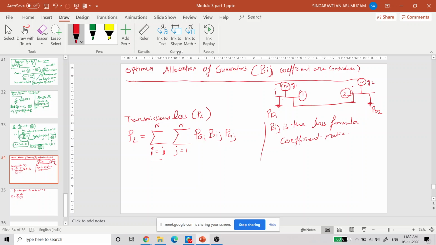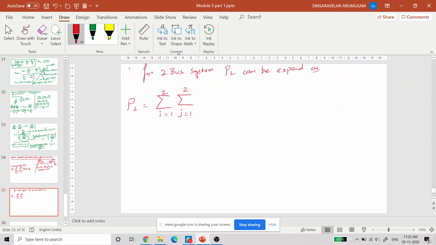So both sides will produce losses, and these two also will give losses both sides. I need to consider I from 1 to 2, J from 1 to 2, and also PGI, Bij, and PGJ. So I need to expand this equation.